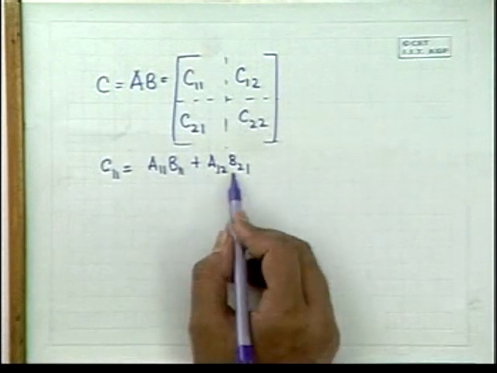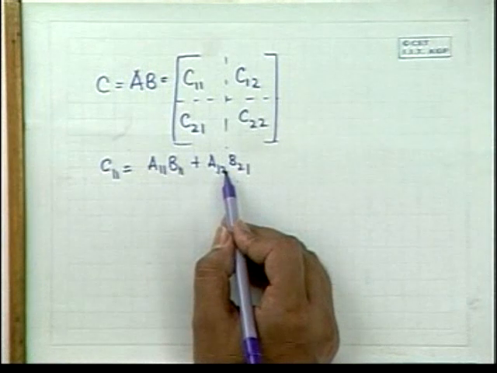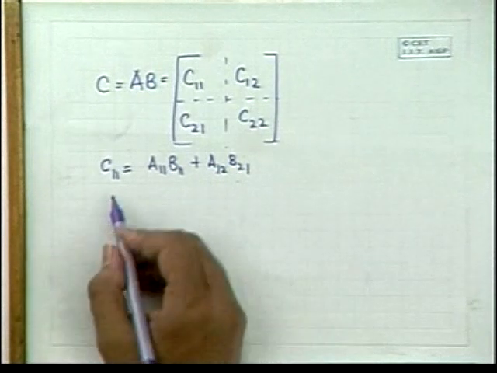Remember, these are all matrices. So this means a matrix multiplication, but each of dimension n by 2 cross n by 2. So C11 is this.